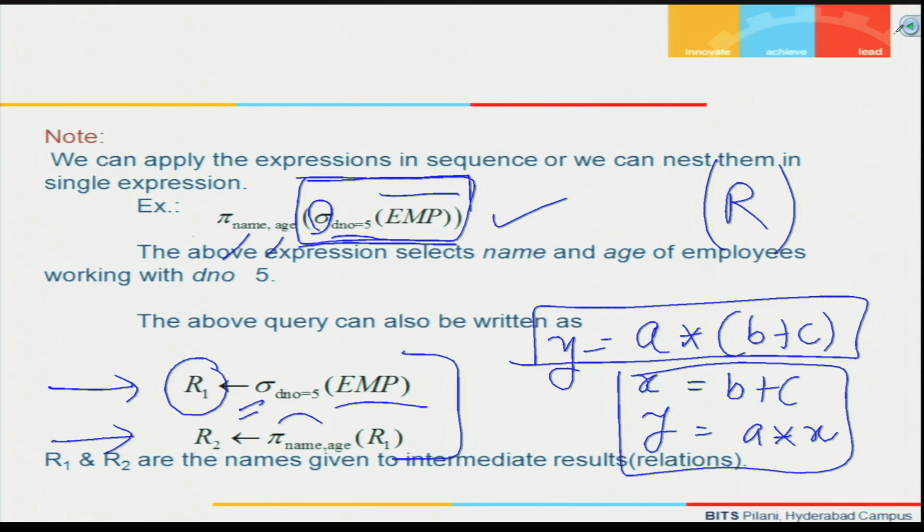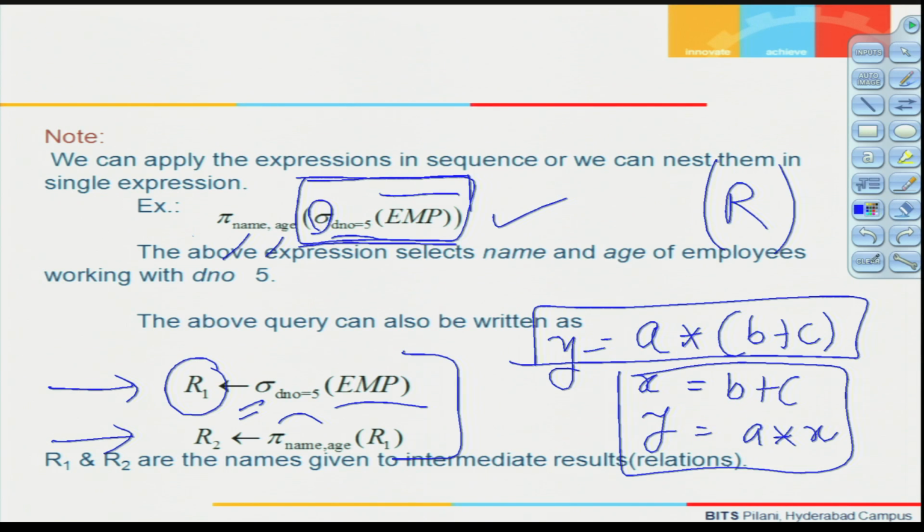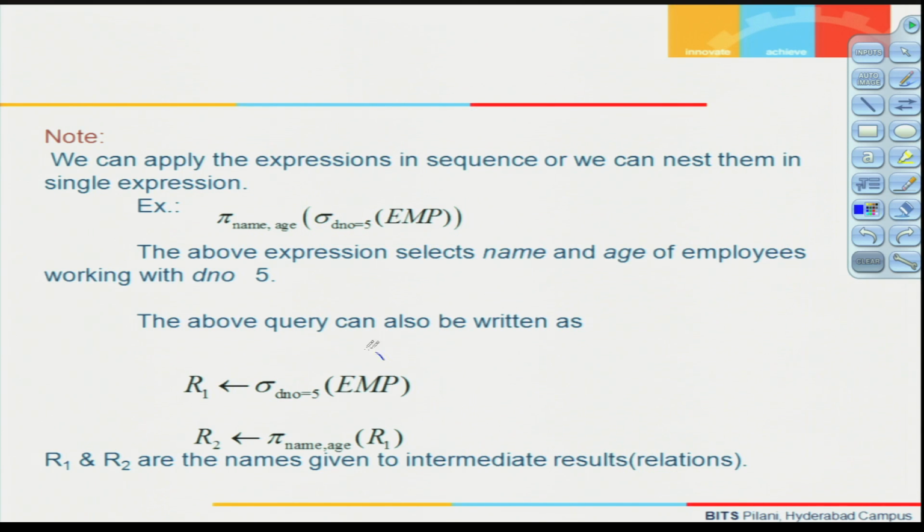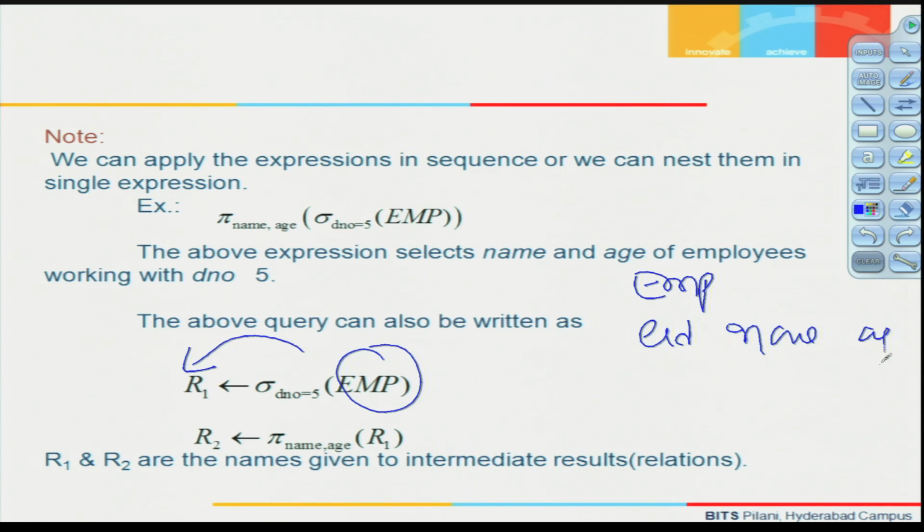According to this, what is the meaning? First, I will be applying the selection operation on the employee table. I will get a temporary relation. Suppose I have an employee table where it has employee ID, name and age. Now tell me what is the degree of the employee table. The degree or arity of the relation indicates the number of columns available with the relation.